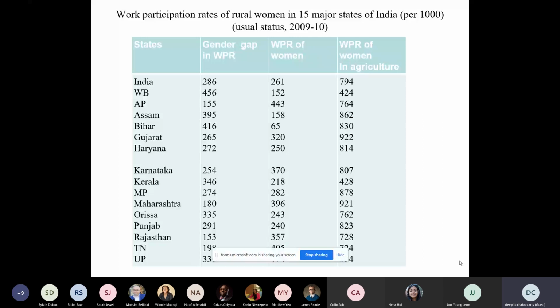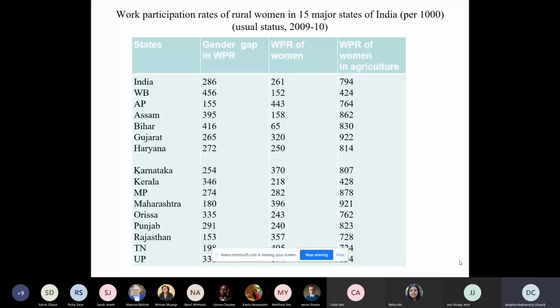A state which in many other respects is a well performer, a medium level performer in terms of GDP and even some of the human development indicators. Why in that state is women's workforce participation so low?